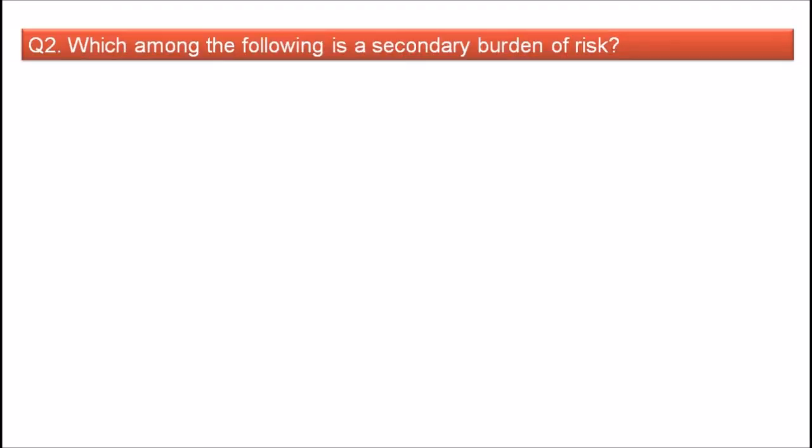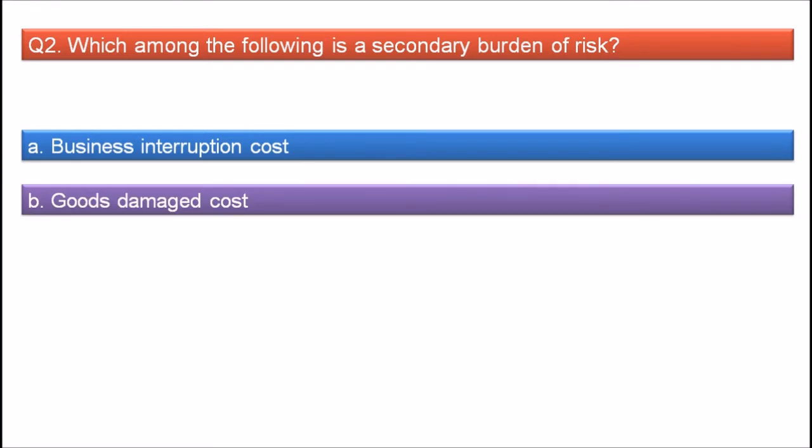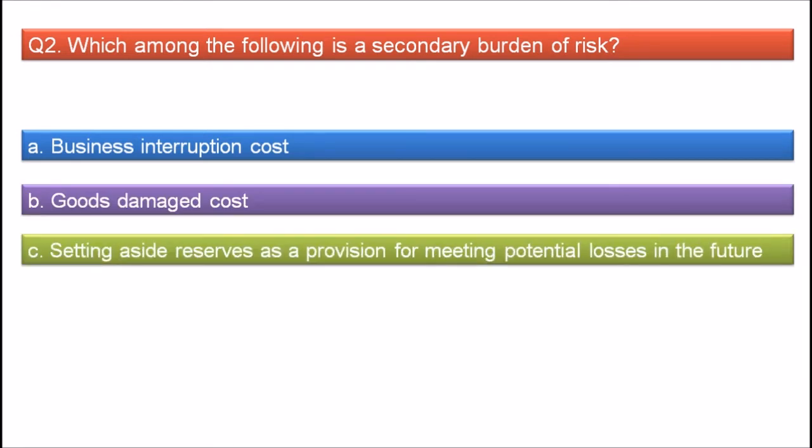Then, just now what I said: which among the following is the secondary burden of risk? Business interruption cost? No. Goods damage cost? No. Setting aside reserves as a provision for meeting potential losses in the future. Just now what I said, a 10 lakh rupees car, setting aside 1 lakh rupees with you as liquid cash. This is the secondary burden of risk, right?